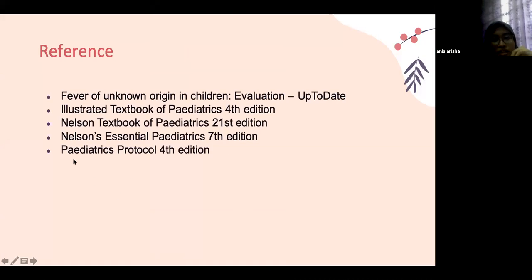Okay, so the common complication for Kawasaki is coronary aneurysm and also thrombosis. That's why we need to do echocardiography during the first presentation of the patient.